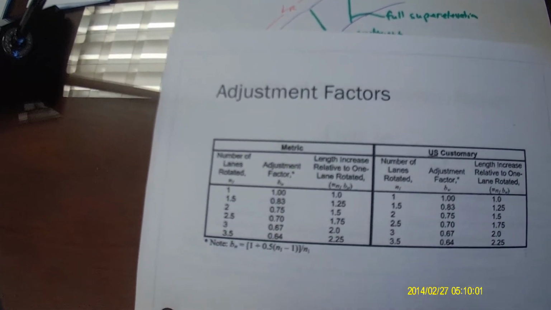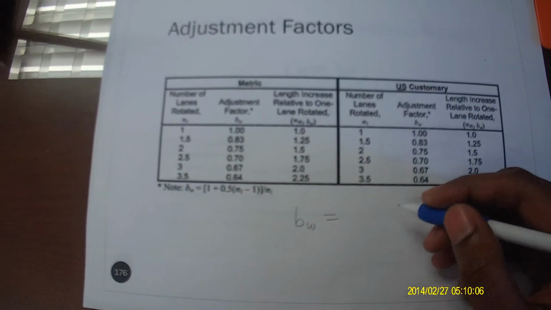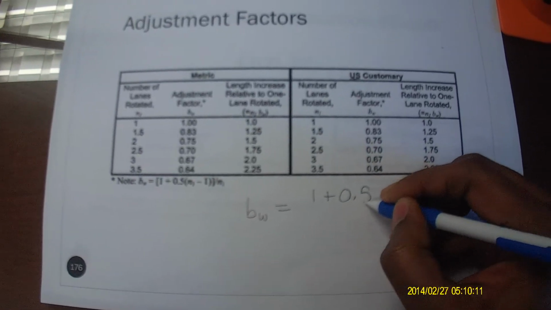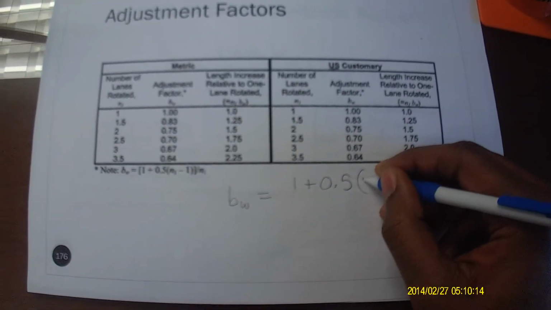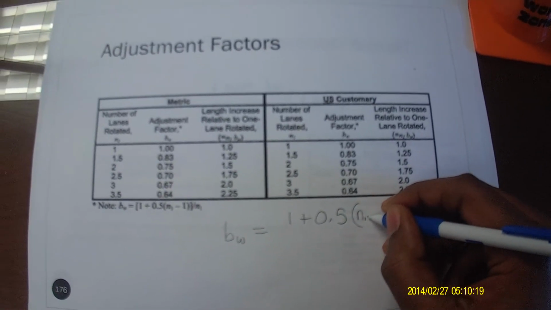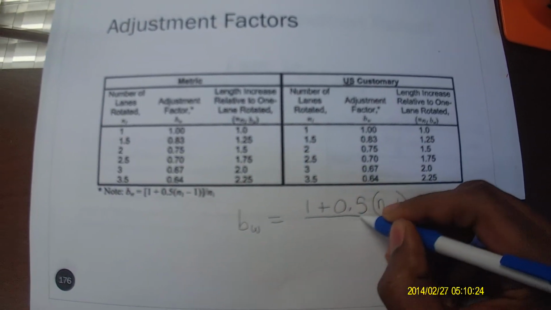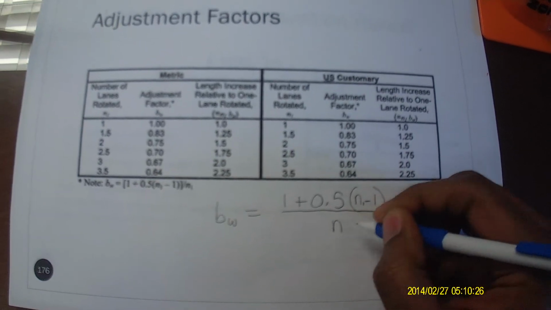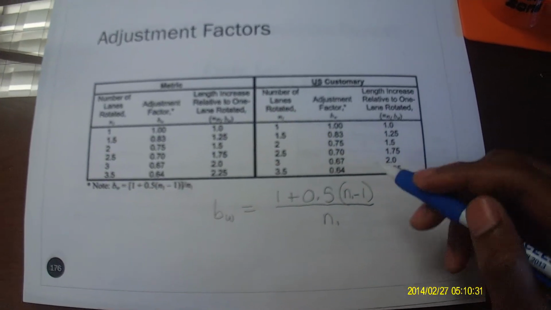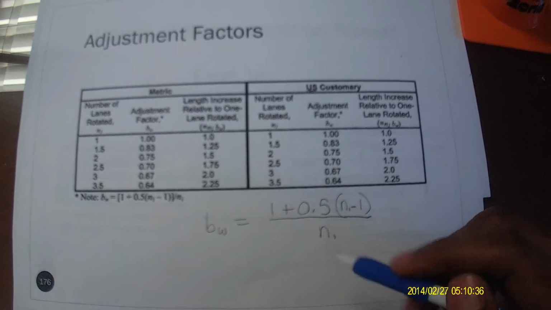So it is B sub W is equal to 1 plus 0.5, just in case you can't see it, multiplied by everything in this parentheses, which is the number of lanes being rotated, minus 1. And all of that is going to be divided by the number of lanes. Okay, so you can use that. So if you have 4 lanes being rotated, you place 4 here, and you end up with your adjustment factor.